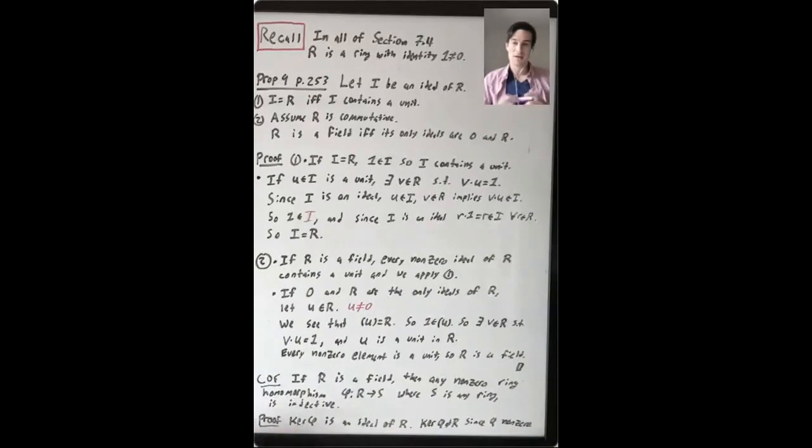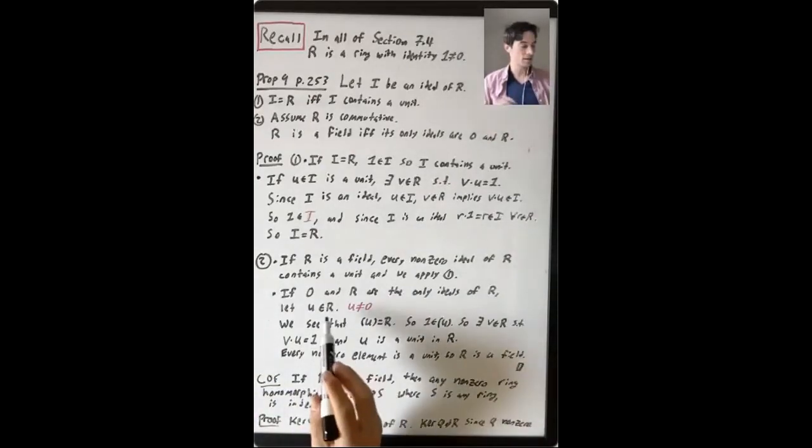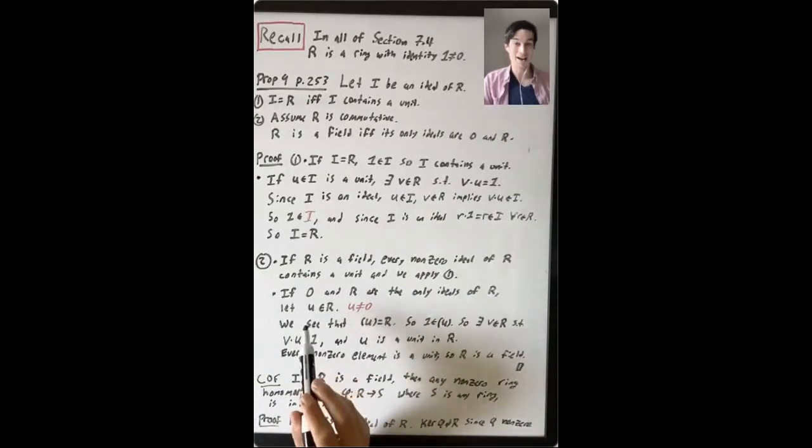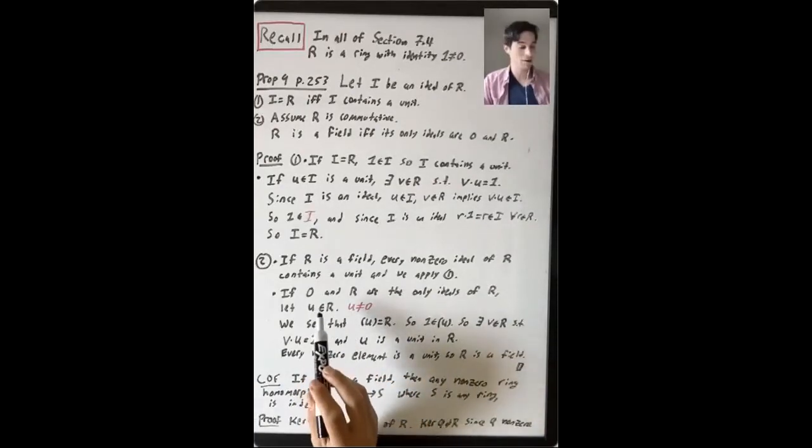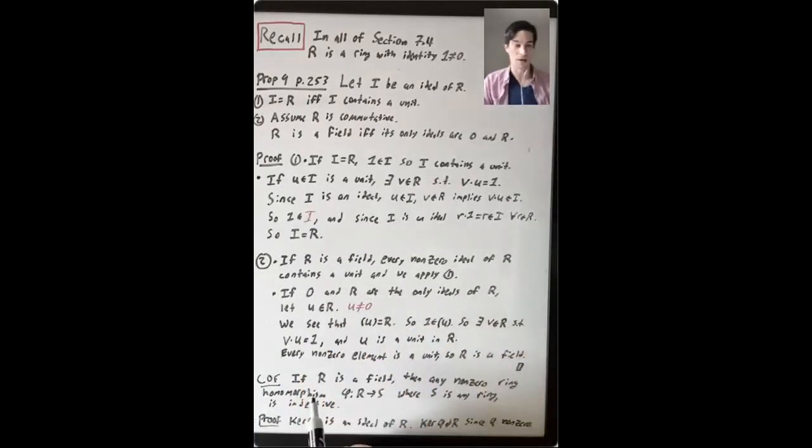All right, so what does that tell us? Let's take an ideal that we can build out of U. Let's take the principal ideal generated by U, and that's the whole ring R, right? Because it's not the 0 ideal, and the only ideals are 0 and R. So that means that in particular, the ideal generated by U contains 1.